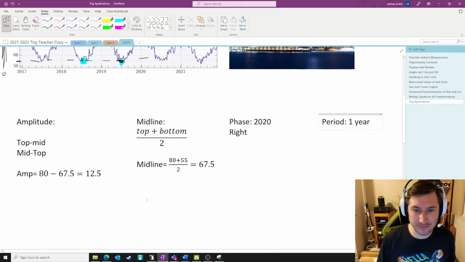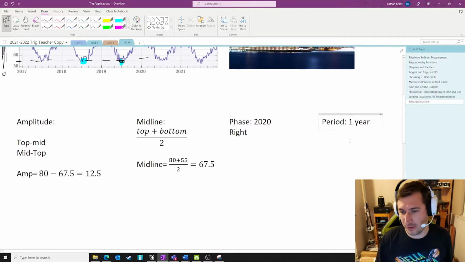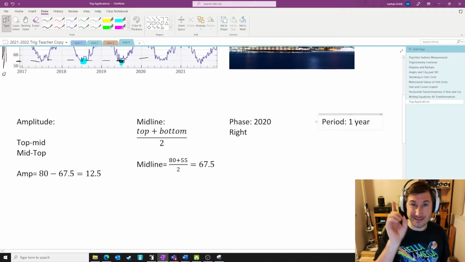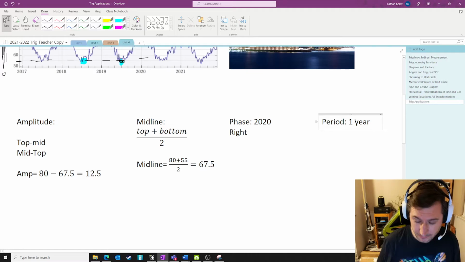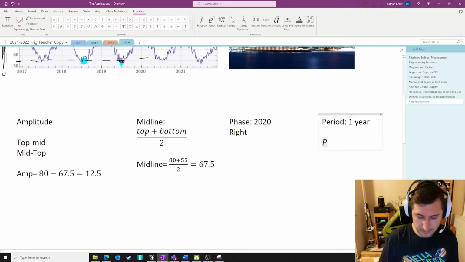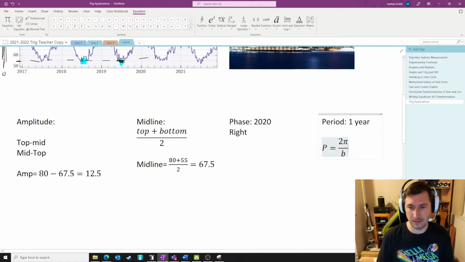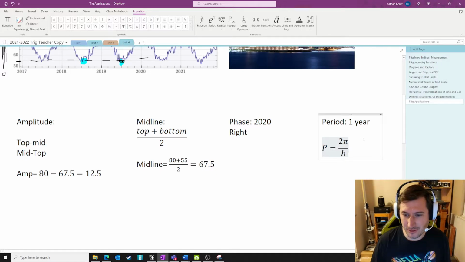All right, but now we've got everything. Oh, no, we don't have everything because the period does not go in the equation, right? Remember, the period is equal to 2 pi over b. And we just found the period, right? So the period is equal to 1.